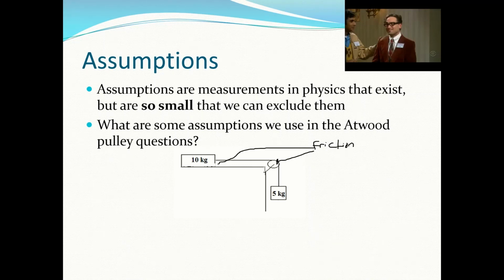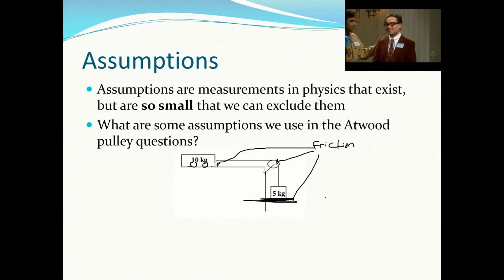There's also going to be friction between the table and the block. But again, if we put those on wheels, then it becomes an assumption because we can say it's small enough. There's also air resistance on this 5 kilogram mass, but it's heavy enough and aerodynamic enough that we can say there's not a ton of friction acting on it, right? So those are all assumptions.